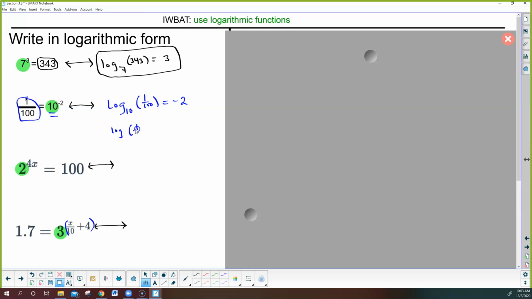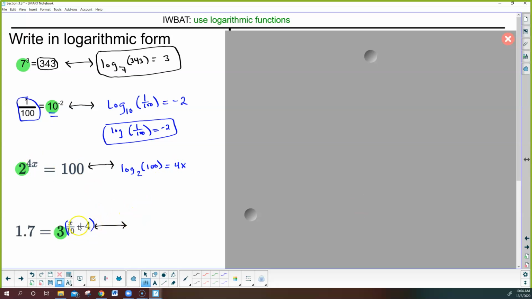It is acceptable to rewrite this without the 10 in the base, because if you don't write it, it's always assumed that there is a 10 here. Okay, so then the next one, the log base is 2, and the log of the answer, 100, has to equal the exponent.